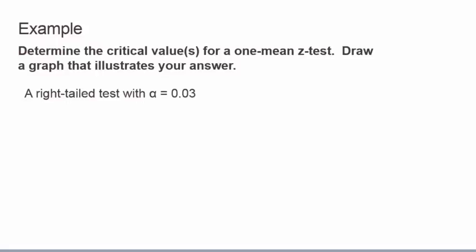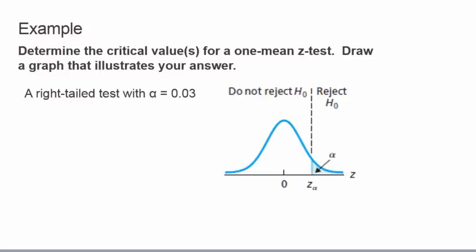Example: determine the critical value for a one mean z-test. Draw a graph that illustrates your answer. A right-tailed test with alpha equals 0.03. A right-tailed test has an illustration where z sub alpha is positive and alpha is shaded to the right of z.